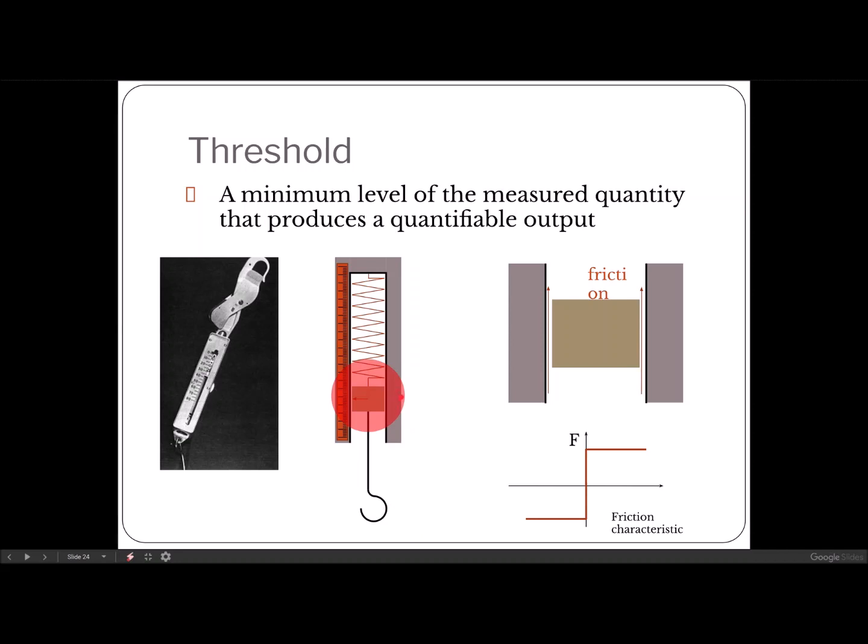So this is what we refer to as a threshold. So if you attach a light weight on this weighing scale, it will be stuck there. It doesn't show any reading, but then at the moment you attach more weight on it, it starts to move. So the threshold is the minimum entity that you measure that will produce an output, mainly because of friction in this case. Okay.